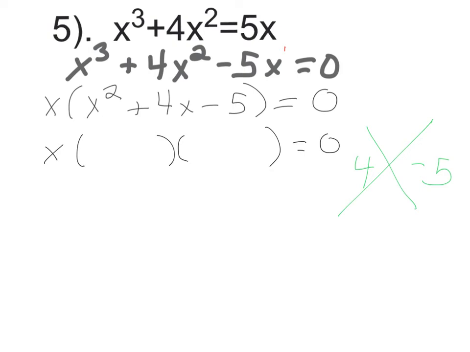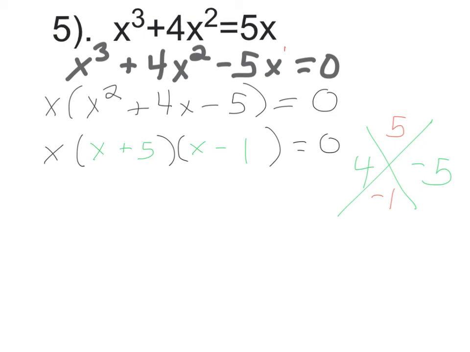Well, we should know that those two numbers are going to be 5 and -1. 5 times -1 is -5. 5 plus -1 is +4. So let's go ahead and factor. So we're going to have x times, and then we can put our x's here. One of our magic pair is +5, and the other one is subtracting 1.